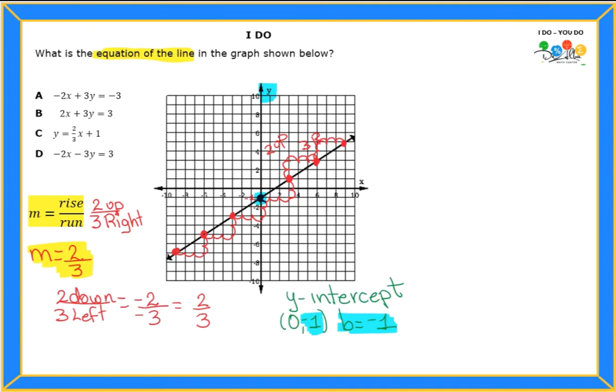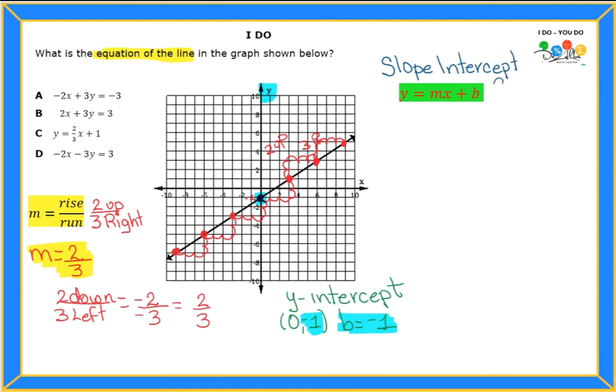So what do I need to do next? Well, now I need to replace my m slope and the b y-intercept in the equation, right? And the equation that I'm going to use is the one that I have on the right side, and that equation is slope-intercept form. So let me write it down over here.